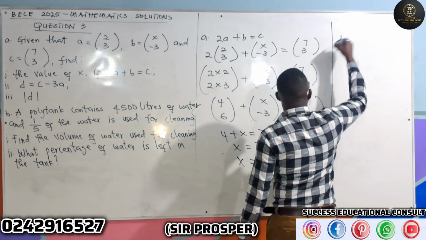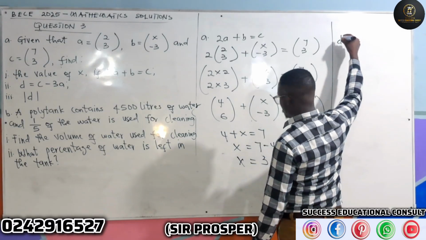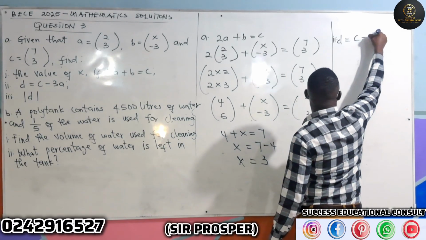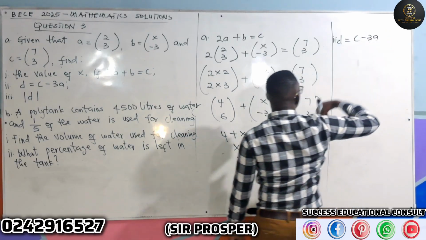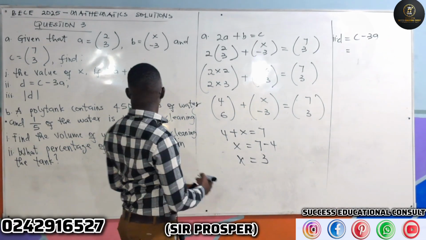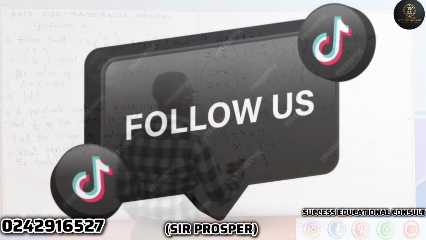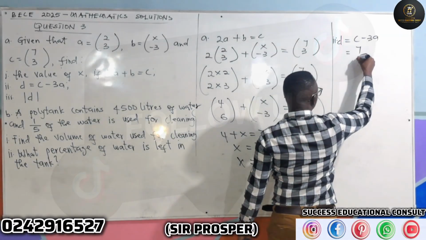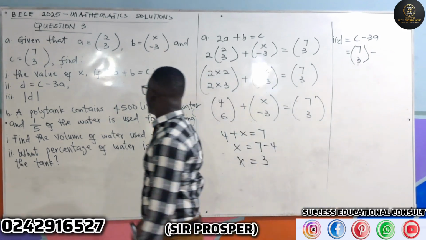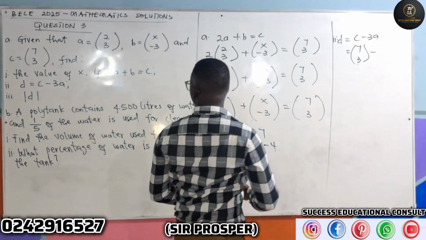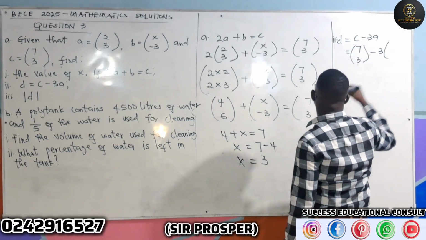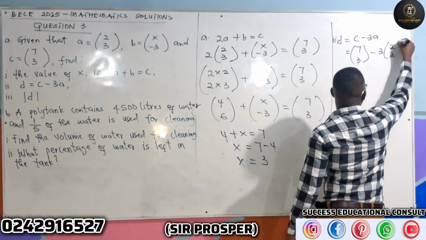D is equal to C minus 3A. Now the components of C are 7, 3. Minus 3 multiplying the components of A, so 3 multiplying 2, 3.